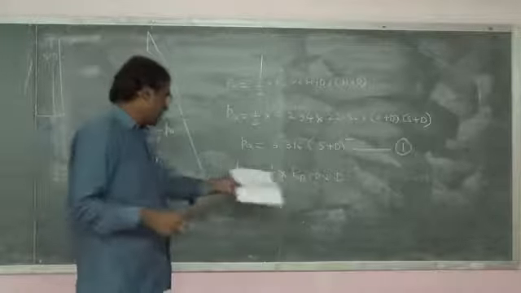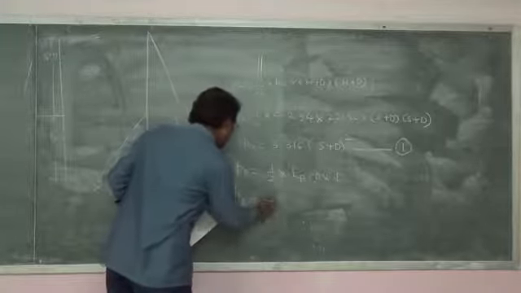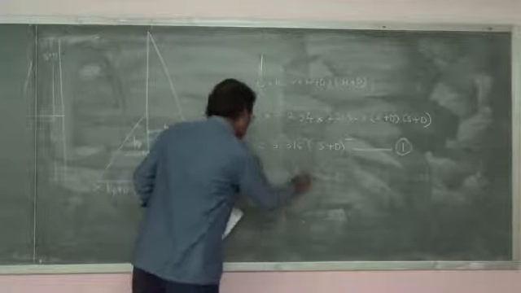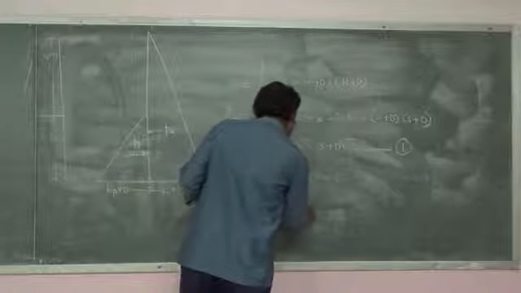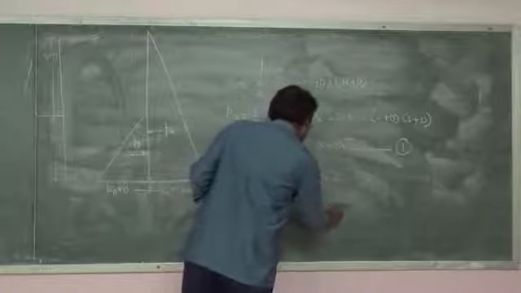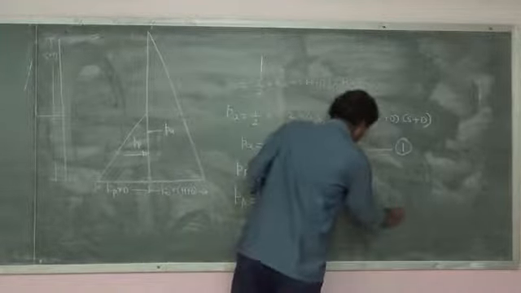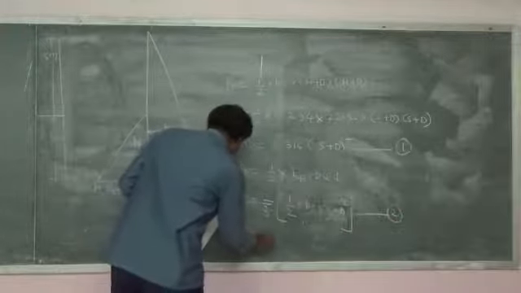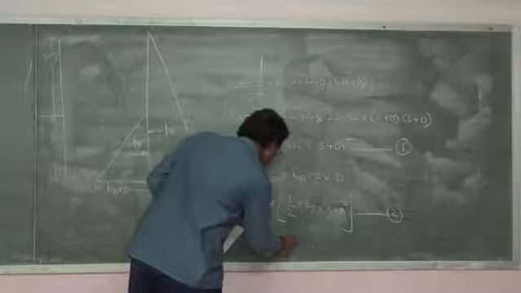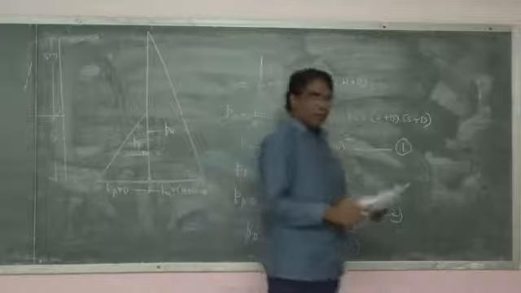Whatever this quantity is, take 2 by 3rd of it. Therefore Pp is equal to 2 by 3rd of this value, that is 1 by 2 into Kp into gamma into D square. This is equation number 2. If you simplify this one, I will give you the direct value: Pp is equal to 25.57 D square. You take this as equation 2.